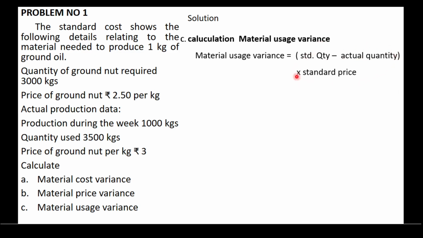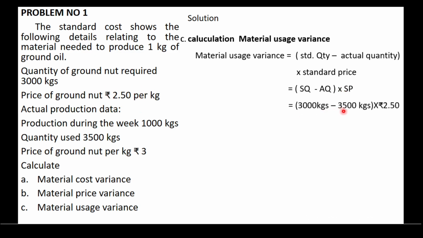Here SQ means standard quantity, AQ means actual quantity, and SP means standard price. The standard quantity is 3000 kgs, the actual quantity is 3500 kgs, and the standard price is rupees 2.50 per kg.